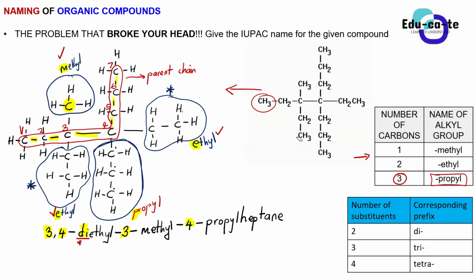Yes, sir. And you said that the parent chain is the straight chain here, not the L-shaped one. It was an L shape, but then I change it from L to a straight line, and I find the correct answer.